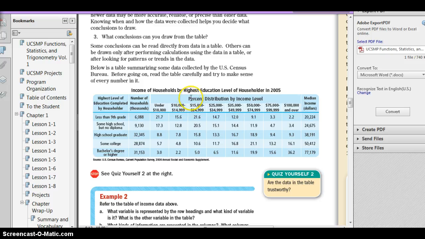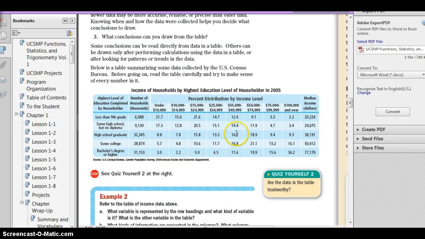So we're going to look at high school grads who earn $25,000 or more annually. And these numbers are already given to us in percent form. So at $25,000, high school grads, there's 13.3% of those.